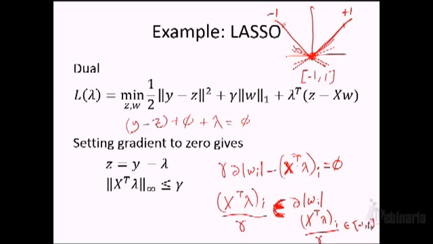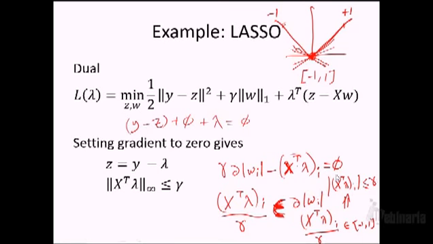divided by gamma has to be between -1 and 1. And you can easily write that as the absolute value of x transpose lambda I is less than or equal to lambda.